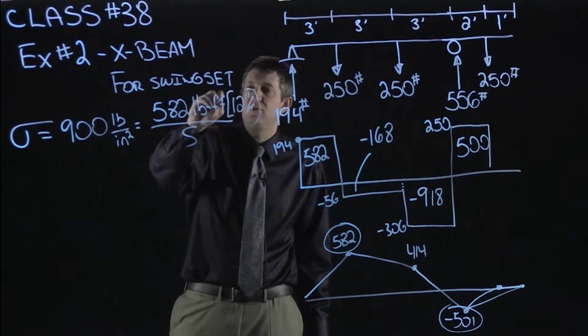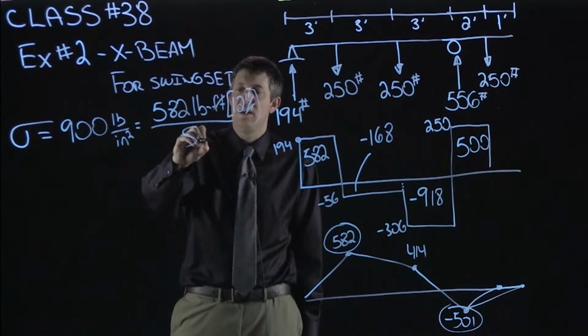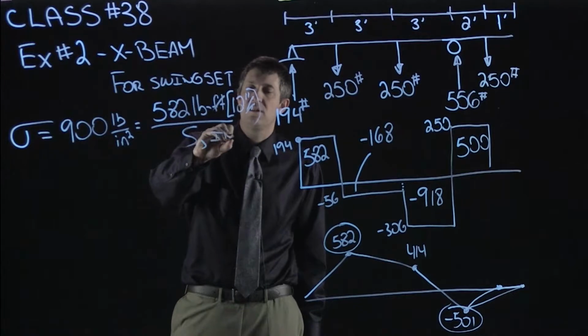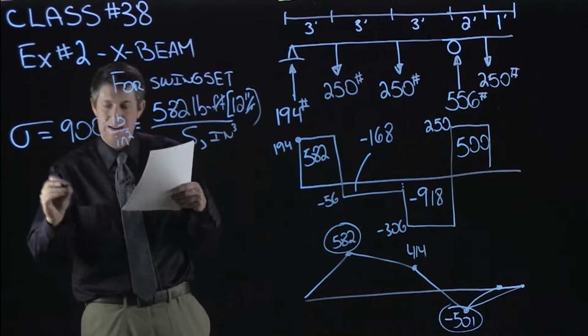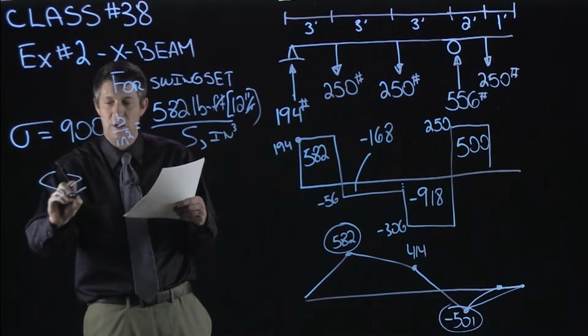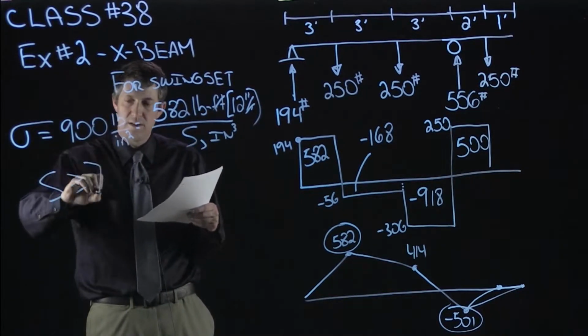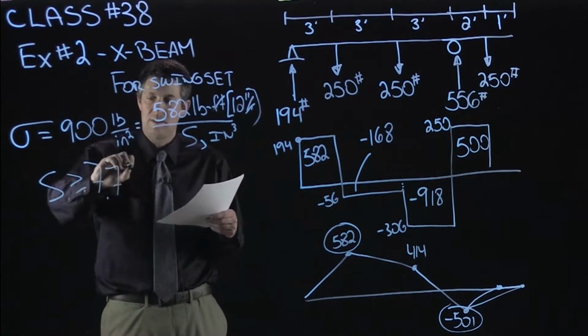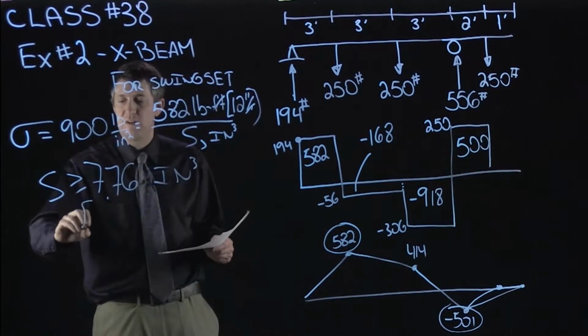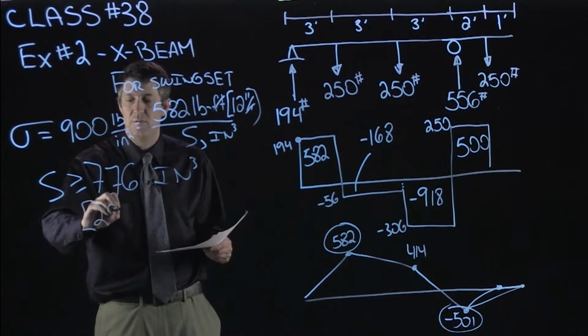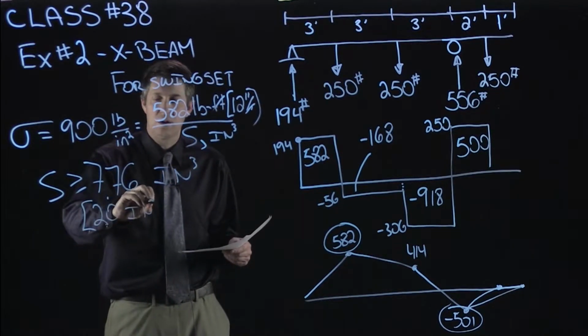So the feet drop out, and I'm left with pound inches. And remember the units for this, still in inches cubed. And when I rearrange some terms, I get S now needs to be greater than or equal to 7.76 inches cubed. Remember, from that previous example, we had an S of 20 inches cubed.